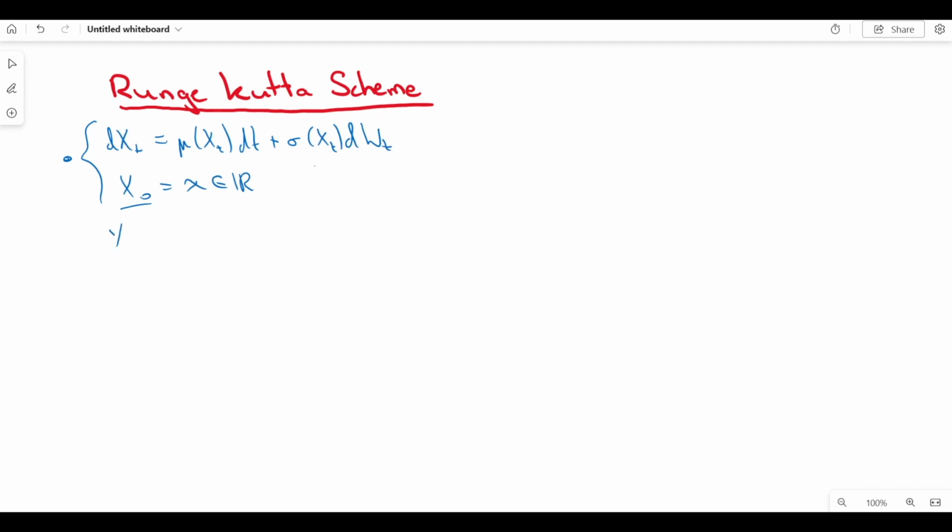Previously, we derived the Euler-Maruyama scheme, in which the stochastic process at the next time step is equal to that at the current time step, plus mu of xn delta t, plus sigma of xn delta wn, where delta wn is a random normal variable of mean 0 and variance delta t. Let's call this EM for short.